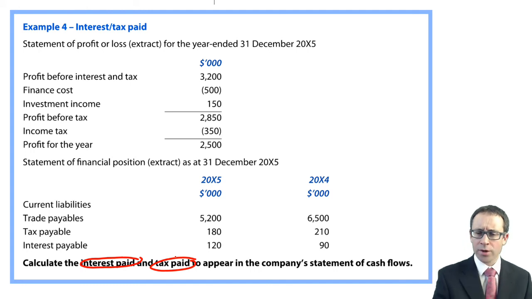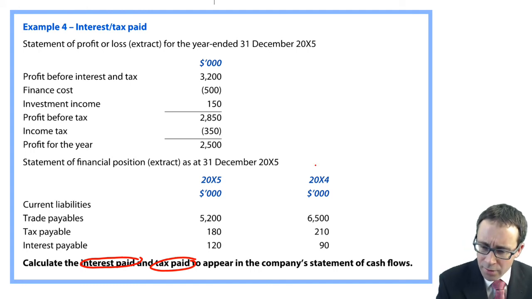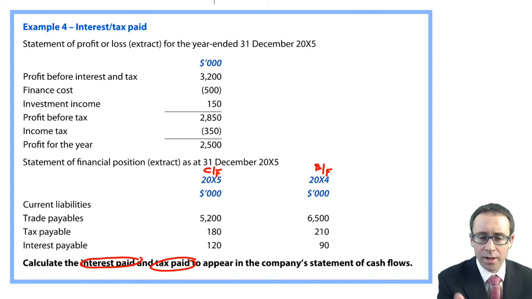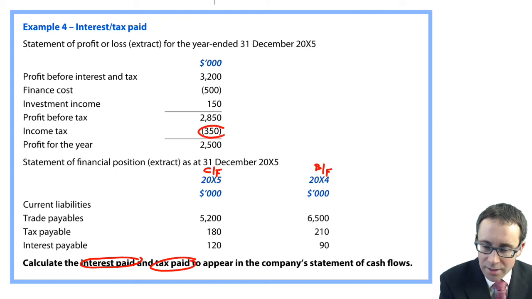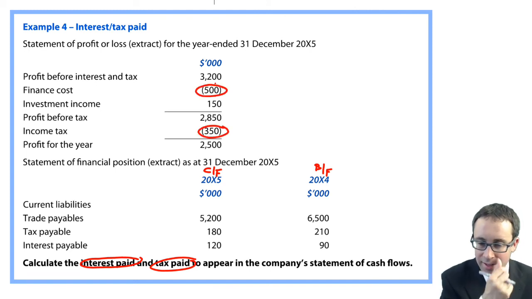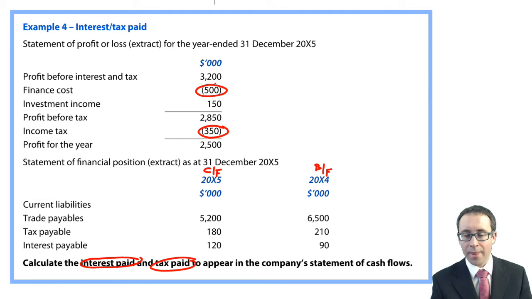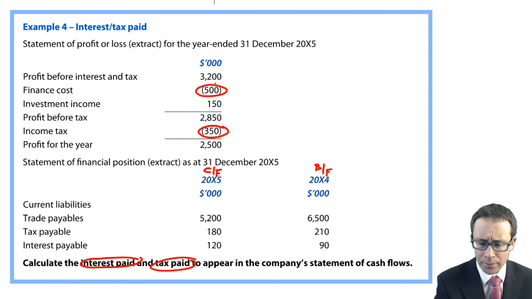So what you can see there at the bottom is you have your opening figures and your closing figures. So X4 is the brought forward, X5 is the carry forward, and then you have an income tax figure and you have a finance cost figure. Okay, so we can go through there and play around with those amounts.